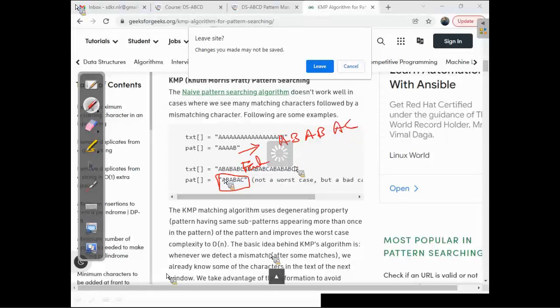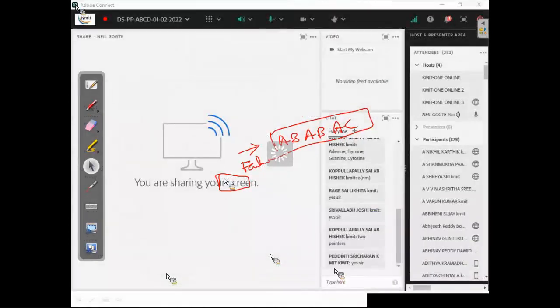Let's see whether you can compute the failure matrix for this pattern string, AB, AB, AC. For that string, can anyone compute the failure matrix or failure array?